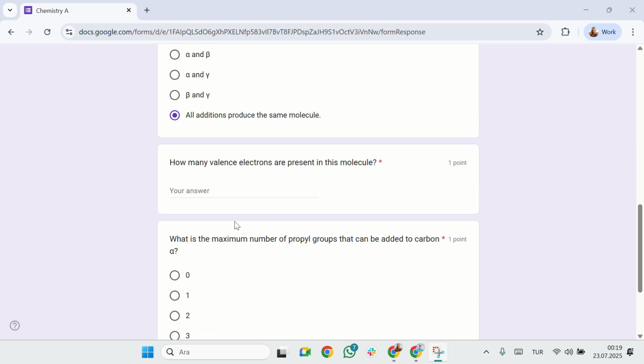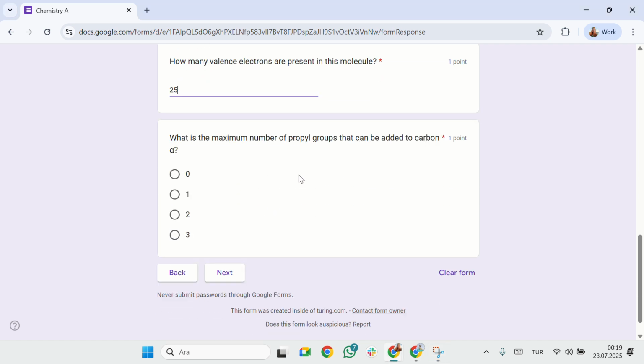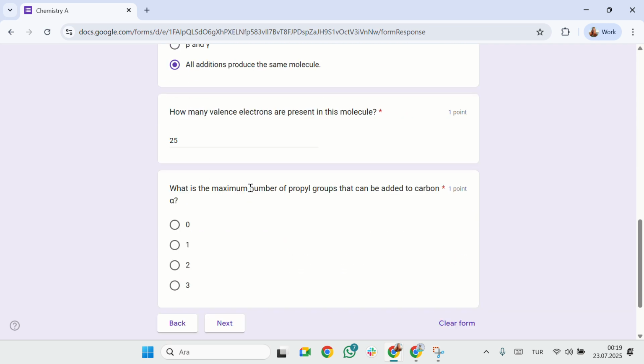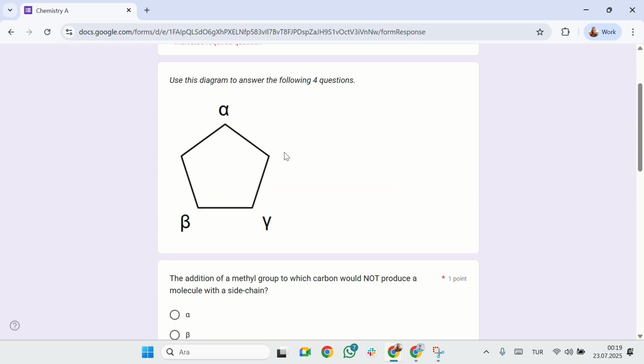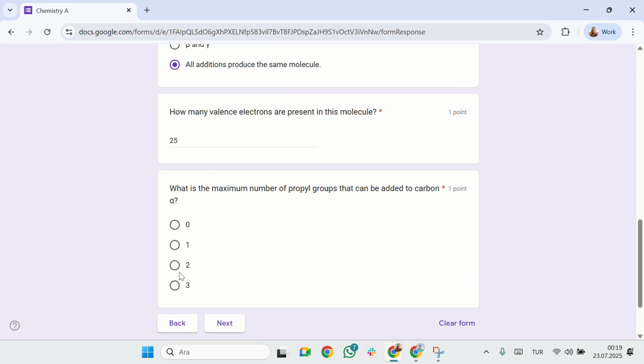Let's say 25. The maximum number of propyl groups that can be added to carbon of... I think it's 2.